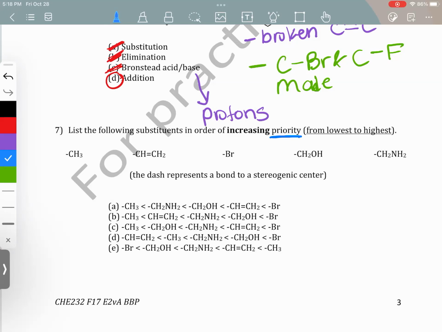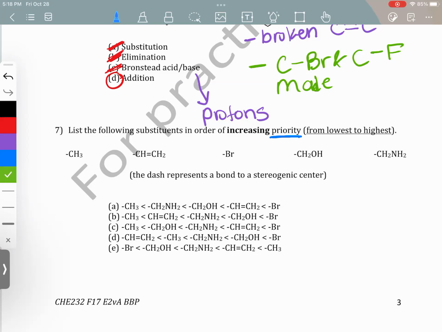The bigger the atom, the more electron energy you're going to have, which is even greater than a more electronegative atom. So you want to look for very big atoms first. Then you want to pay attention to electronegativity. So this is how you would do priority.